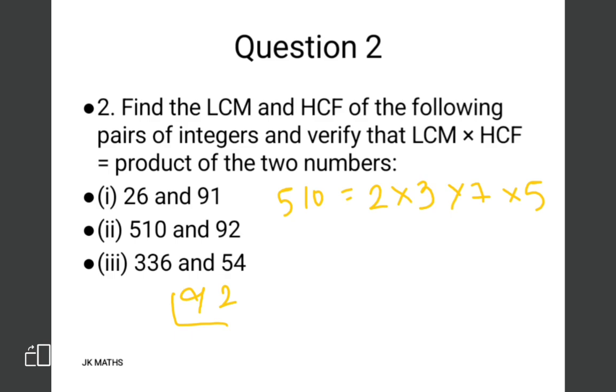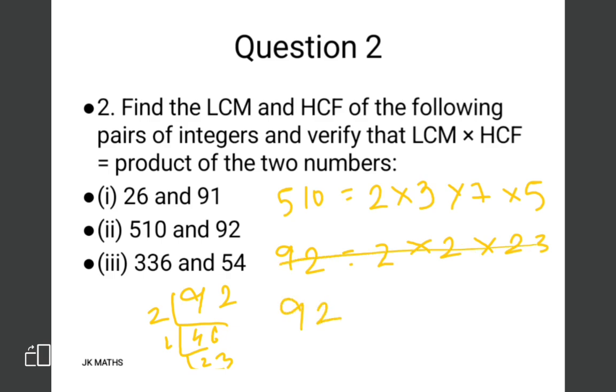Let's take the 2 table. 2 fours are 8, 2 twos are 4, again the 2 table, so we get 23. 23 is a prime number. So the prime factorization of 92 is 2 into 2 into 23. For 92 we can write it like this also: there are two 2's, so we can write it as 2 square into 23.